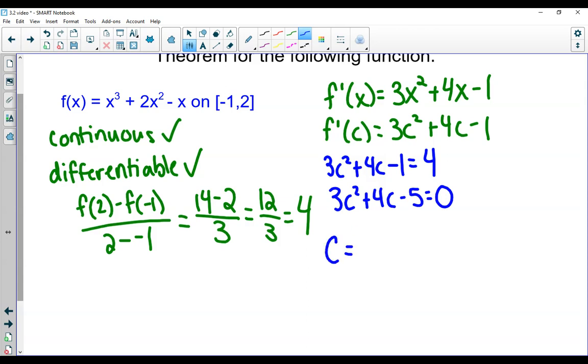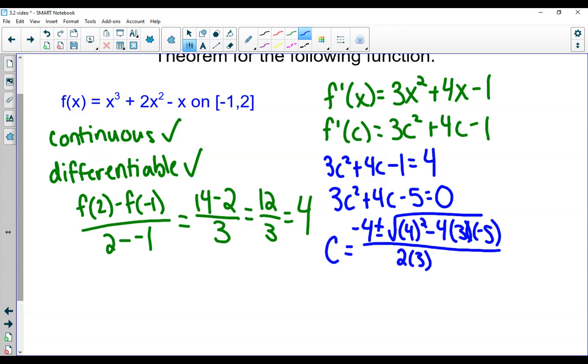c equals -b plus or minus the square root of b squared minus 4ac, all over 2 times a. So I plug in all those values, and I can go ahead now and clean that up a little bit.